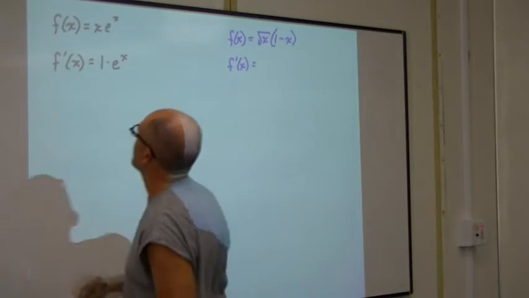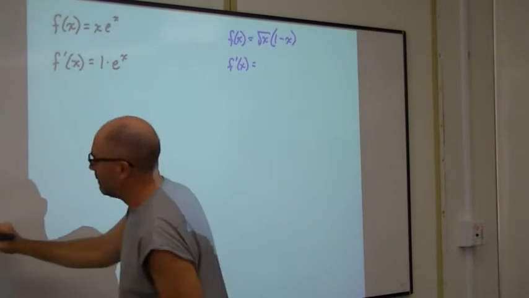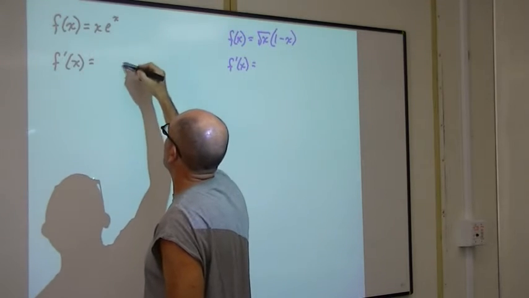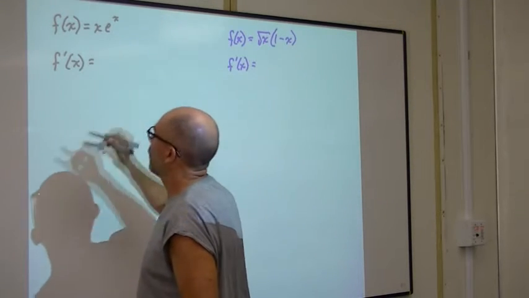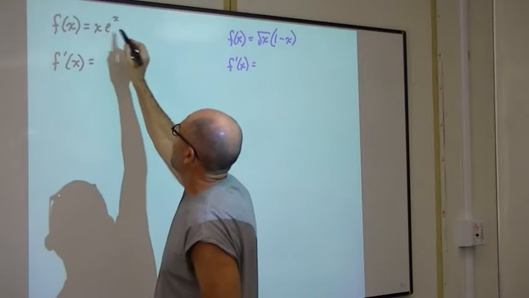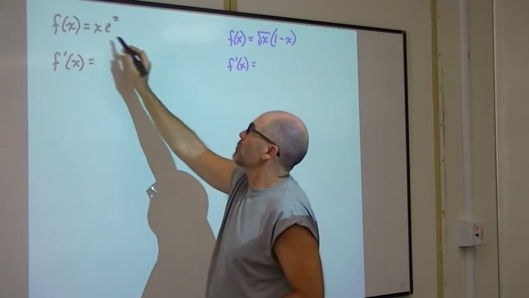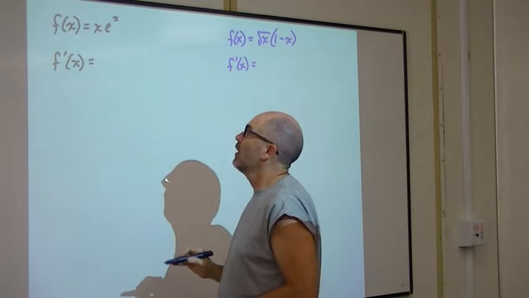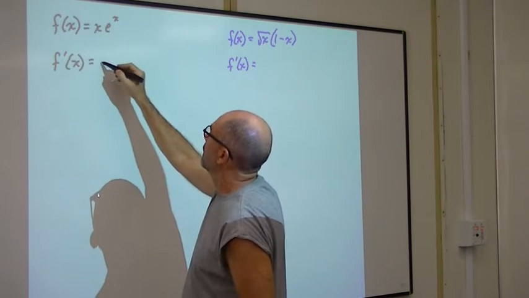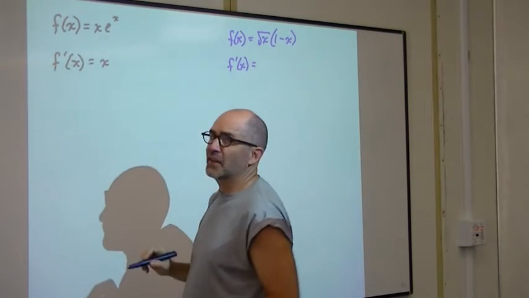Let's try some examples. All right, so this time, we're not going to fall into that trap. We know that to get the derivative of the product of these two functions, we have to go first times the derivative of the second.